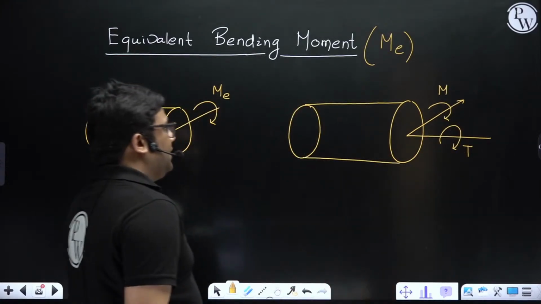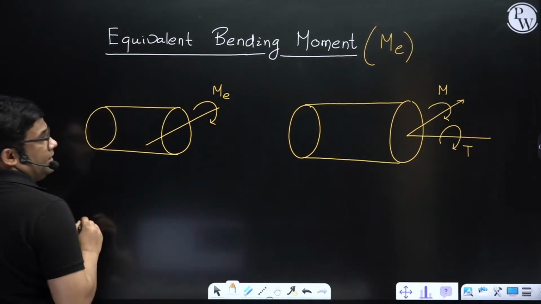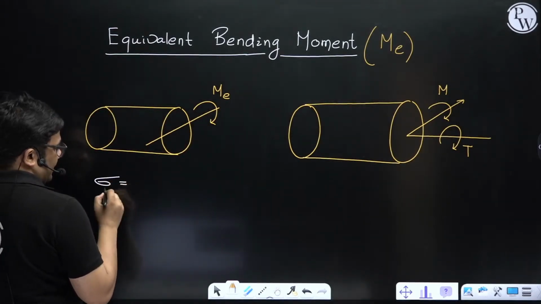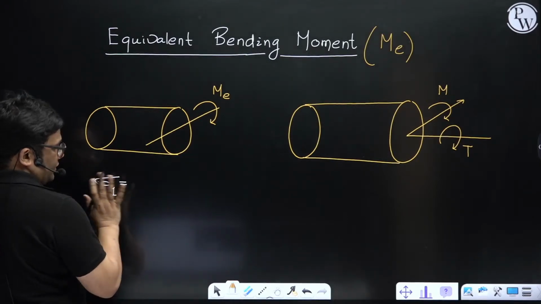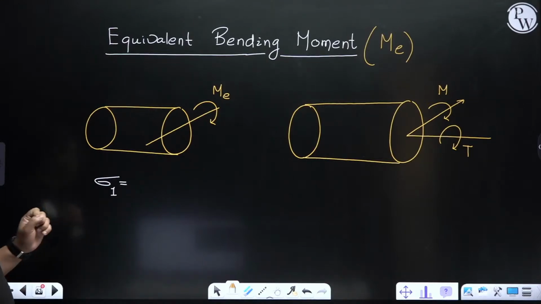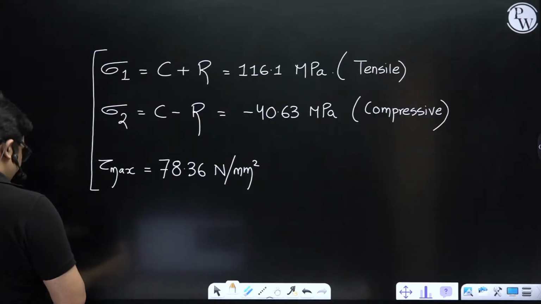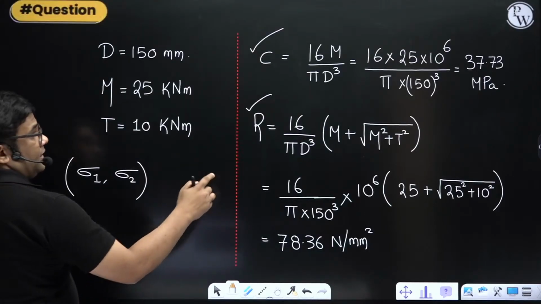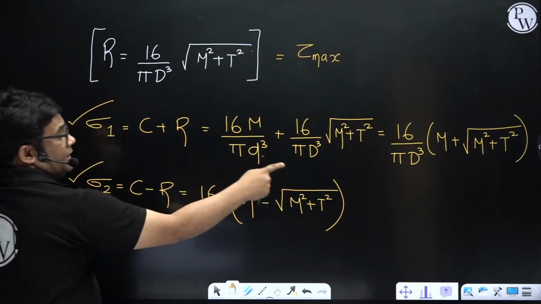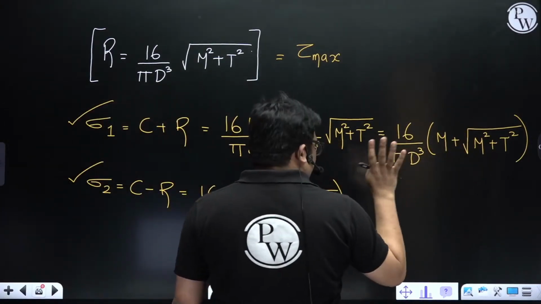Now, what is the maximum normal stress developed here, or sigma 1, the major principal stress? The equation was this one, no? In this equation, we'll put ME, and T is equal to 0 because no torsional moment is acting.